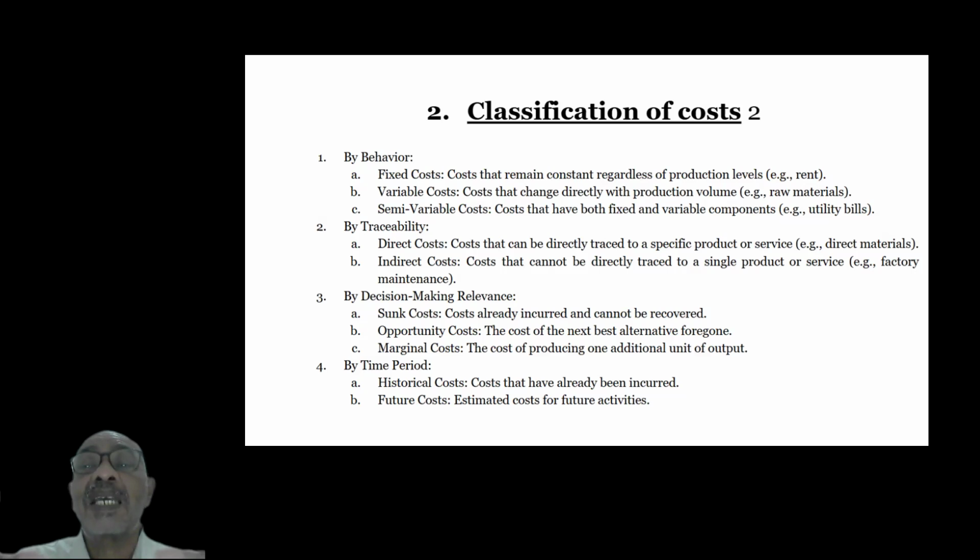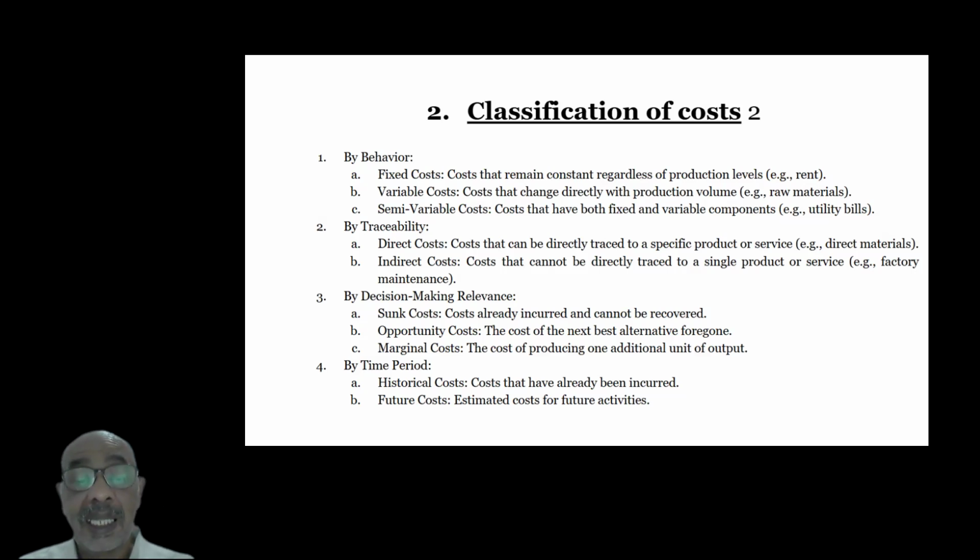The last one is by time period. By time period I have two costs. Historical cost is cost that has already been incurred and spent. This is called historical cost. If you buy a bicycle at the beginning of the year, when you come to the end of the year, this will be a historical cost.